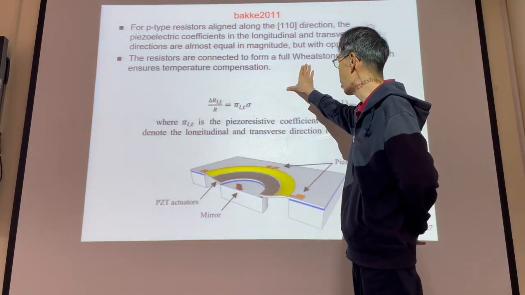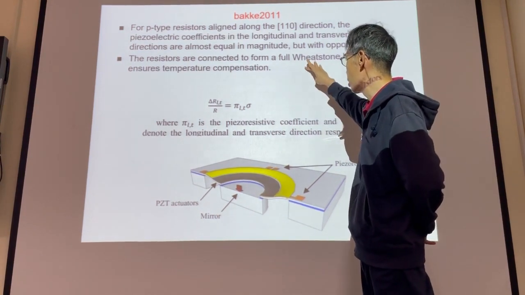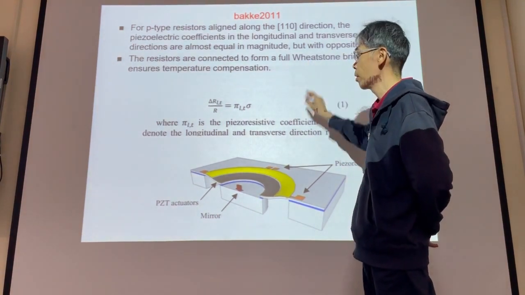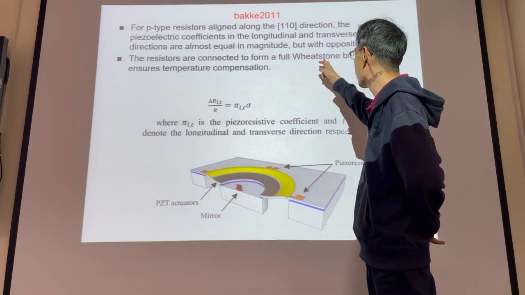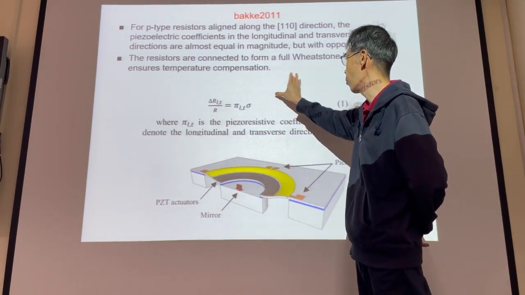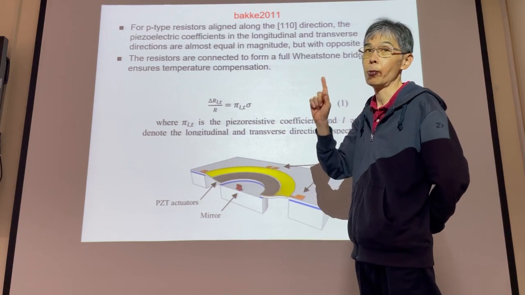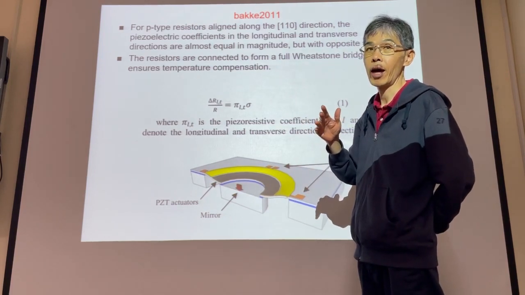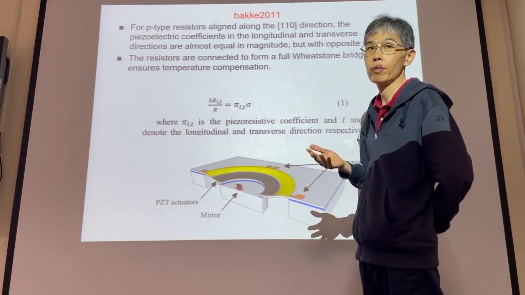We have one delta R, and the other three are fixed. But for the full Wheatstone bridge, we have 4 R. These 4 piezo resistors are variables. They can change.